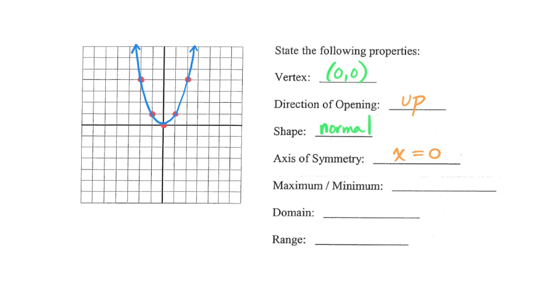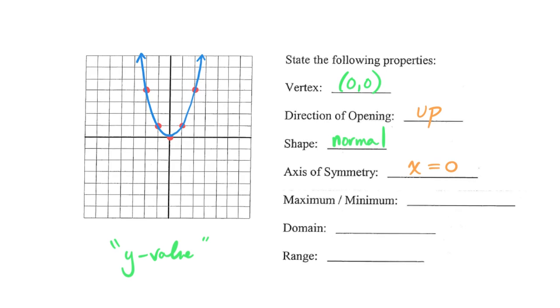If you recall from our discussion about what it is to be a function, and when we ask what is the function's value, remember we are always talking about the y value. So if I was to ask you, does this function have a maximum value or a minimum value, we're talking about the y. Okay, I want you to look up at my parabola again, because there's something really important.